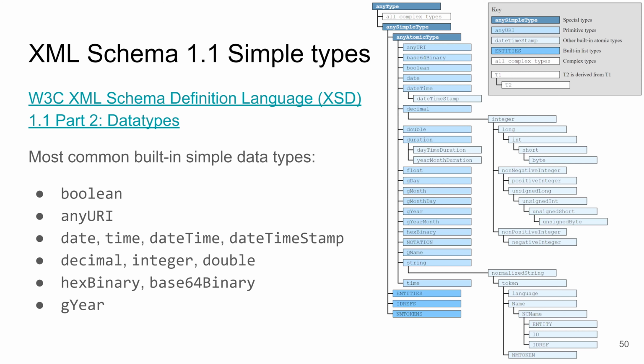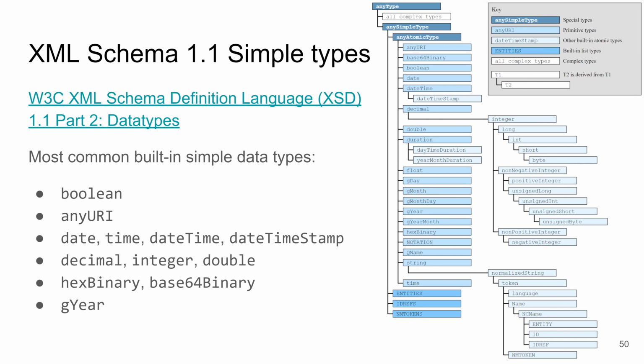And we'll start with something that we already have seen in RDF, and that is the XML Schema simple types definitions. This document actually defines all the simple data types used throughout the data formats used on the web. So the XML Schema 1.1 simple types are used in RDF, in JSON, in CSV, and of course in XML.